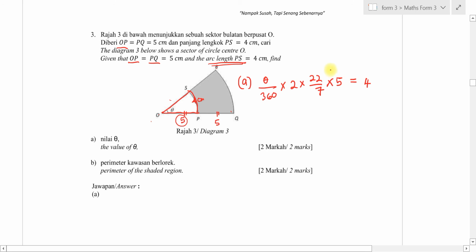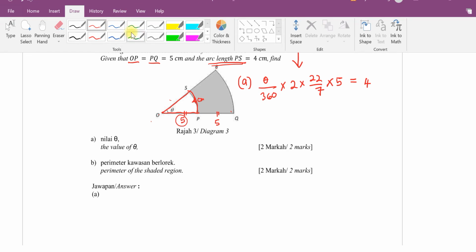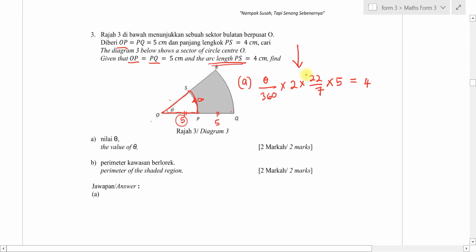So, what I will tell you is, how to simplify this very lengthy linear equation. You see, this one all denominator. 360 is denominator. 7 is denominator. In your calculator, you should press like this. 2 is 2 over 1.